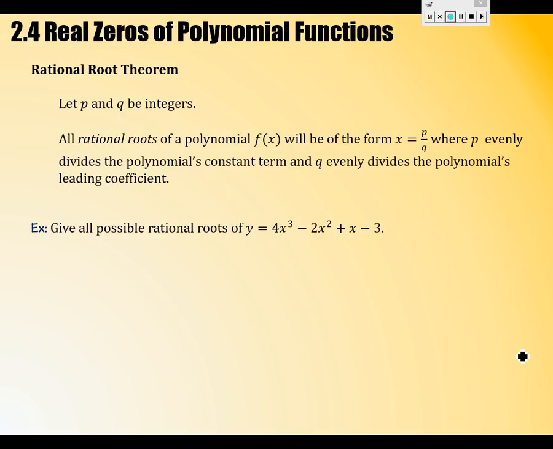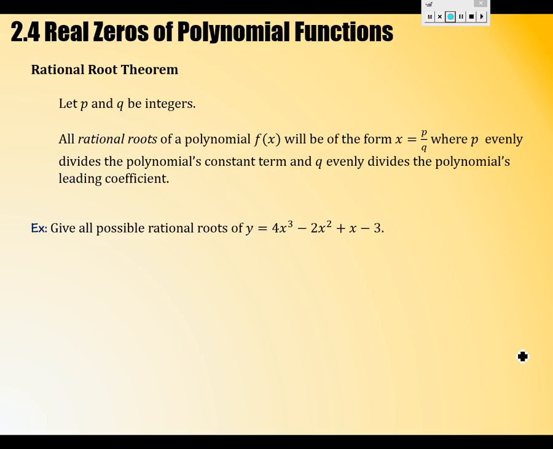All right, are we ready to actually digest this? Let's see if we can figure out what it says. If you claim that a rational number is a root of my polynomial, say you claim that 5/7 is a root, then it should be true that the numbers you just said, 5 and 7, divide the constant term, which is the last term if it's in standard form, and the leading coefficient respectively.